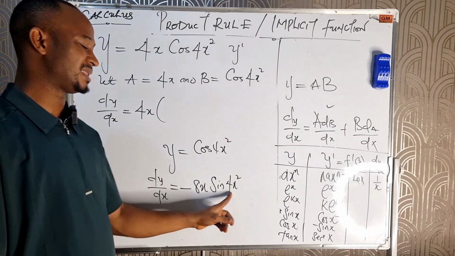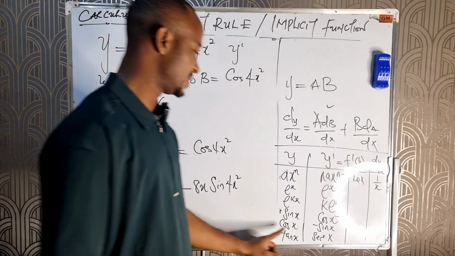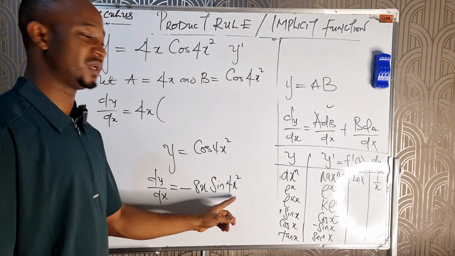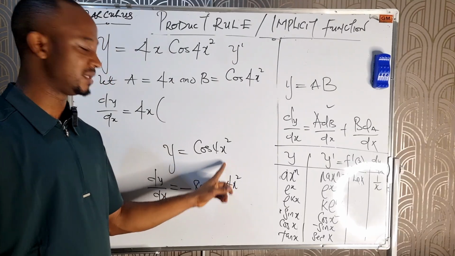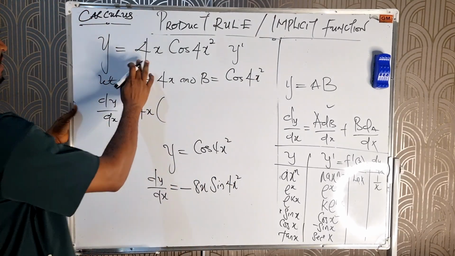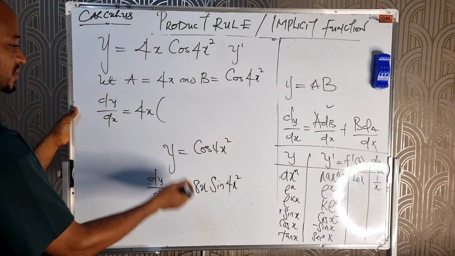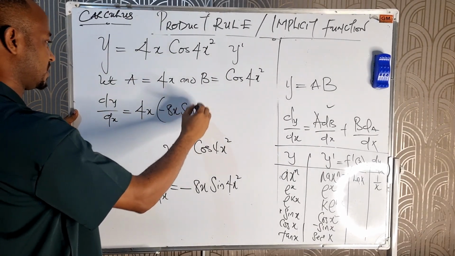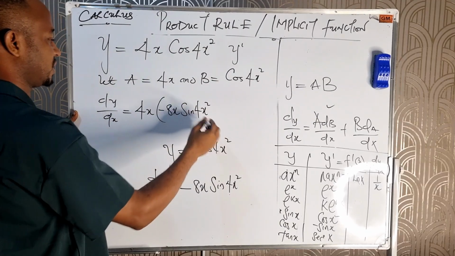Then I have to bring out my sine, because differentiation of cos will only give us sine. So we have minus 8x sine 4x squared. Just repeat whatsoever you have here. So after keeping this constant, when you differentiate this, the result will be minus 8x sine 4x squared.